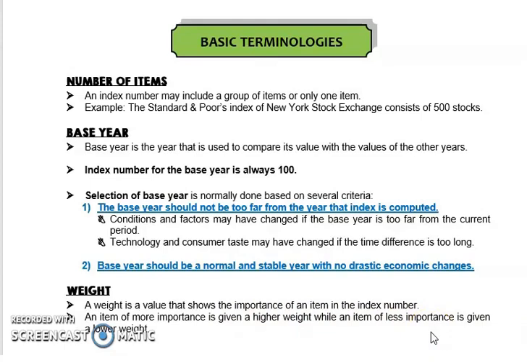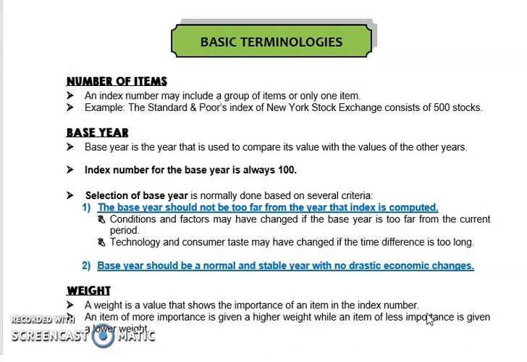Okay, example of the concept of weight. Let's say I give you three types of food: nasi ayam, mi kolok, and Sarawak laksa. Then I ask you to give a rating from 1 to 5, for example, where 1 indicates your least preferred food and 5 indicates your most preferred food.